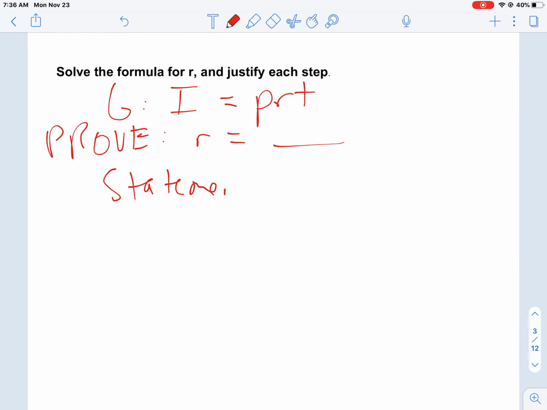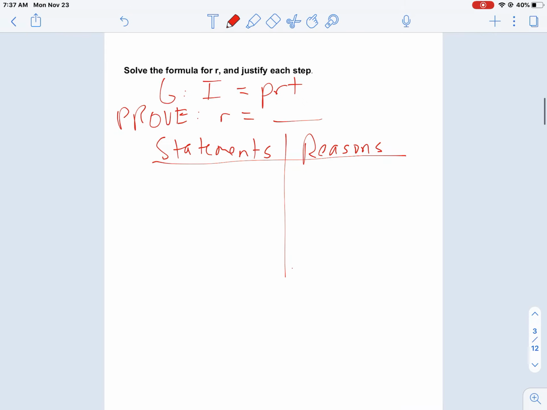So I have my statements, and I have my reasons. In my statements, I equals PRT, and the reason is given.